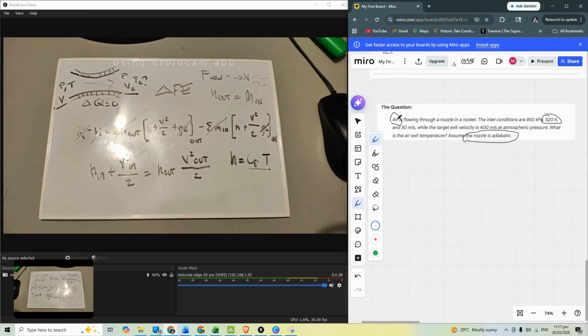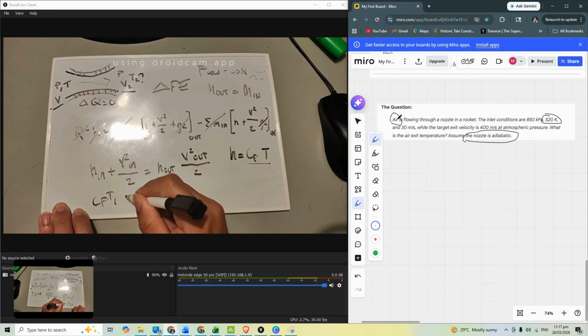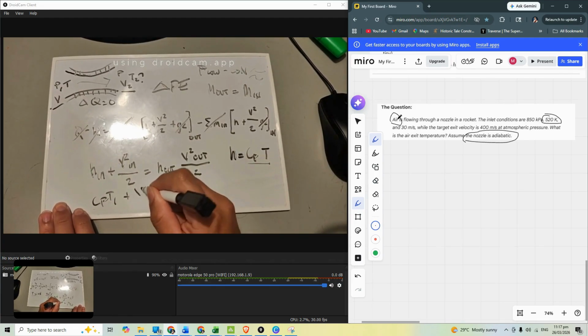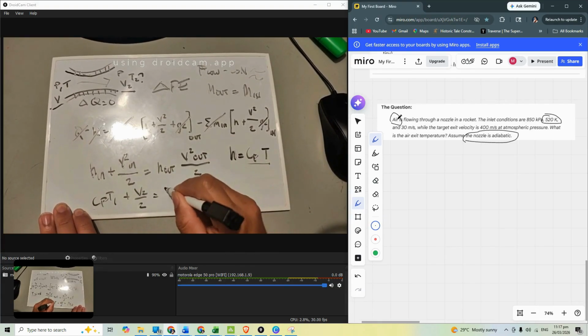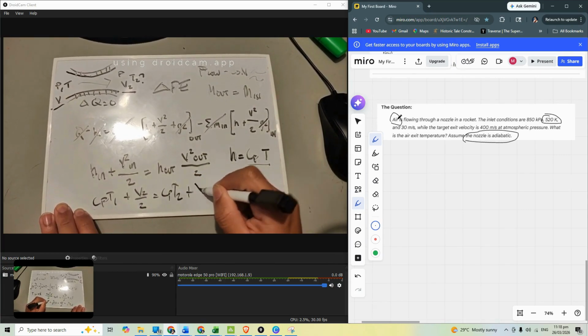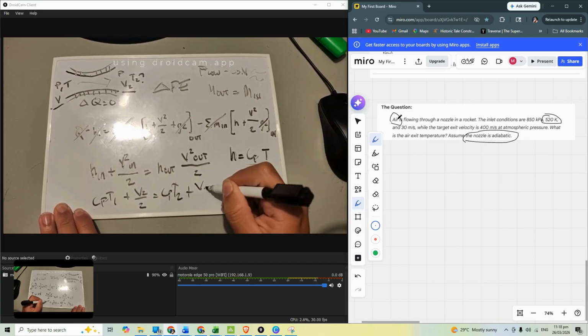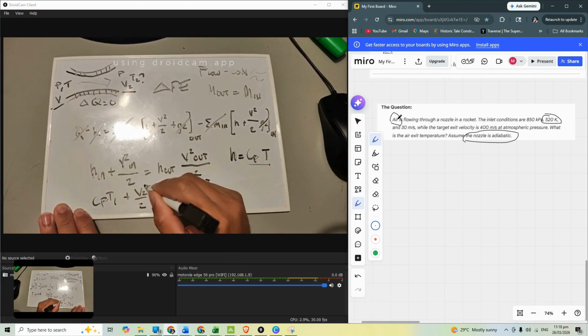So we can rewrite our equation as Cp T1 plus V1 squared over 2 is equal to Cp T2 plus V2 squared over 2.